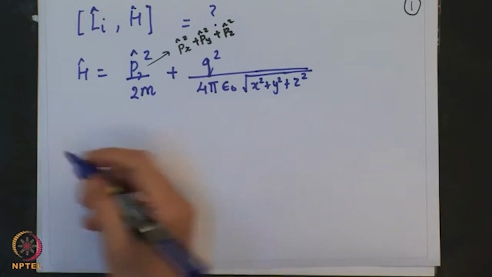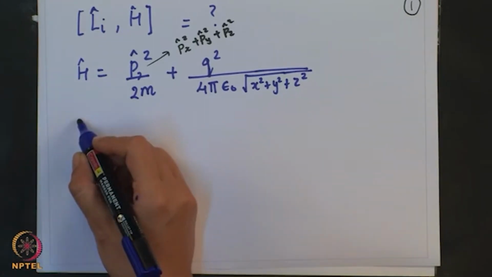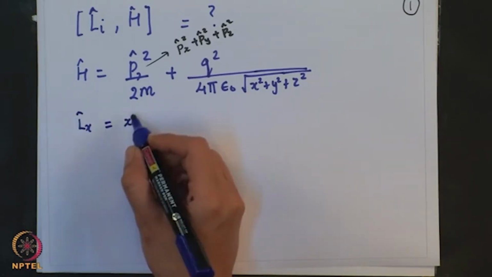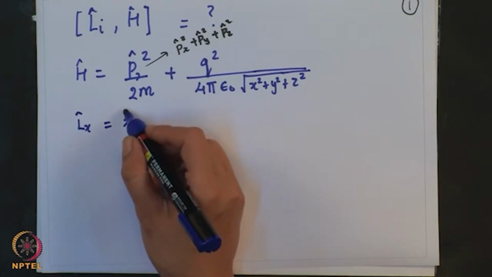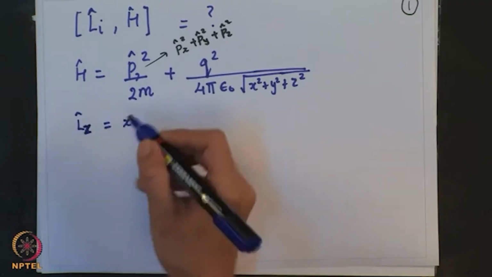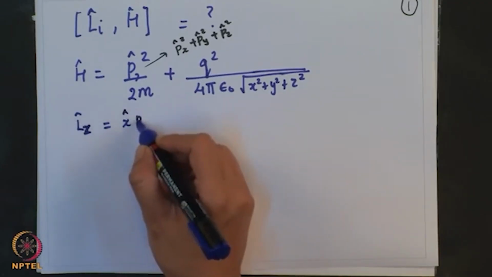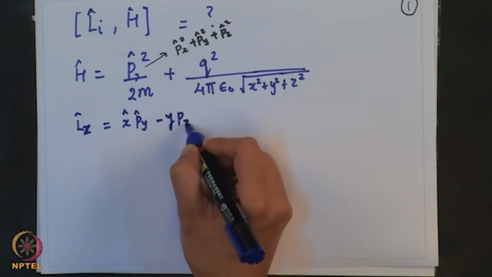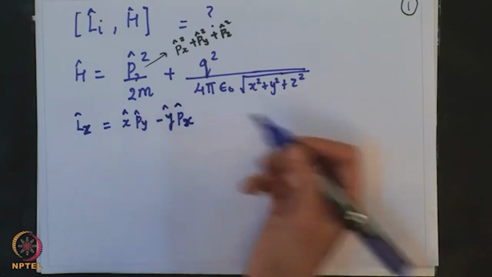So, we will start by writing Lz as x Py minus y Px.